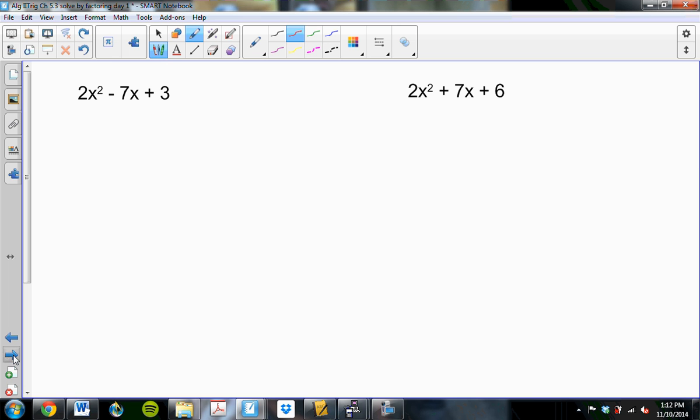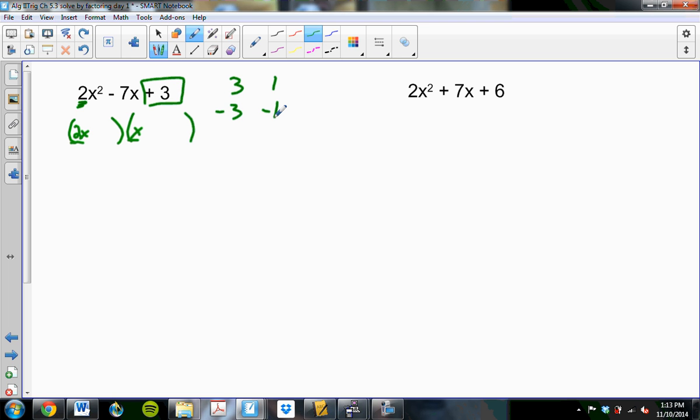Okay, when the a value is not 1, factoring gets much more difficult. When the a value isn't 1, I still know, I'm going to guess and check, that this needs to be a 2x and this has to be an x, because 2x times x is 2x squared. And I still want numbers that multiply to 3.